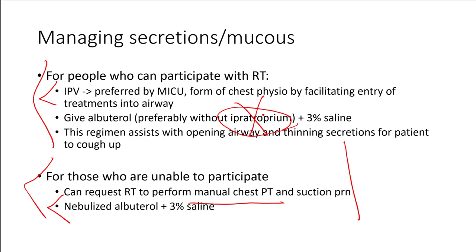So I typically give albuterol without ipratropium, followed by the 3% saline, because I think it's the cleanest way to help get the secretions up and out of there. But work with your RT to find a solution to meet the goals of everybody, which is to help these patients wean off oxygen and feel better.